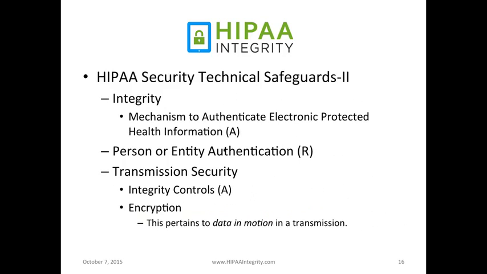Each of these implementation specifications have to be addressed in a risk analysis with regard to the data and with regard to each of the IT systems that you would have in place.